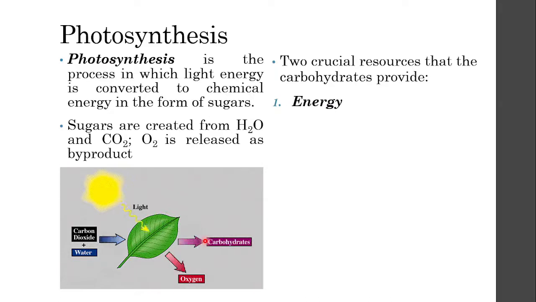Number one, energy. Because if you guys remember our discussion on cellular respiration, we actually use sugar, or in this situation, glucose, in order for us to create ADPs or ATPs.